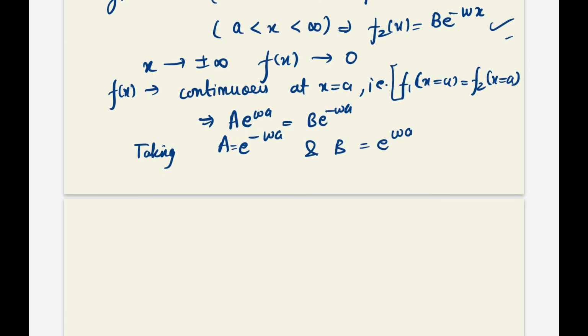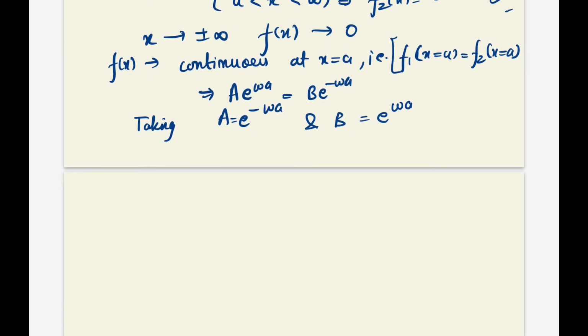So now we have f1(x) equals e to the power omega (x minus a), and f2(x) equals e to the power minus omega (x minus a).